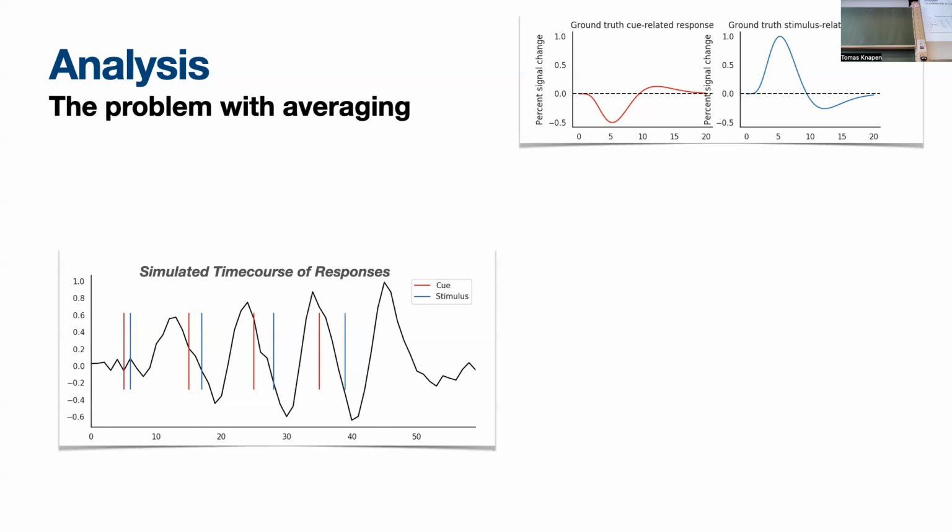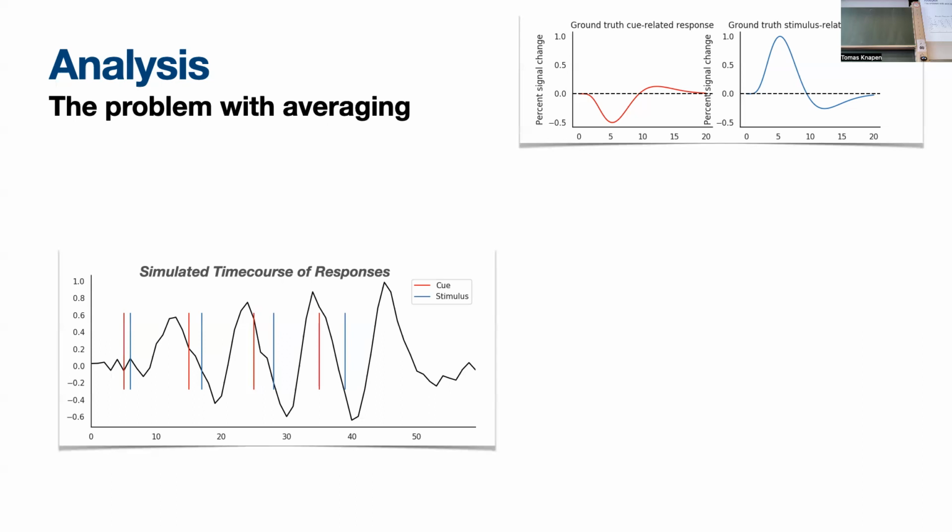So if we have these two types of responses, two infinitesimally brief events happening throughout our experiment, what we're going to do is just see what happens when we use this assumption that we can just add them all in time. If they happen here in time, I'll get this response. Another response happens, like for example here. Another response happens just a bit later.